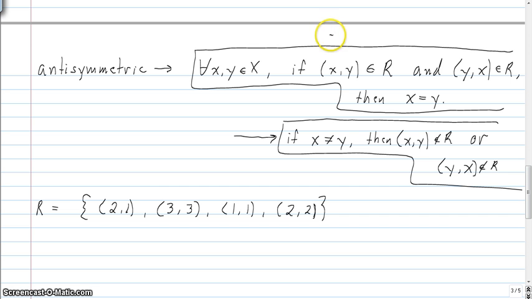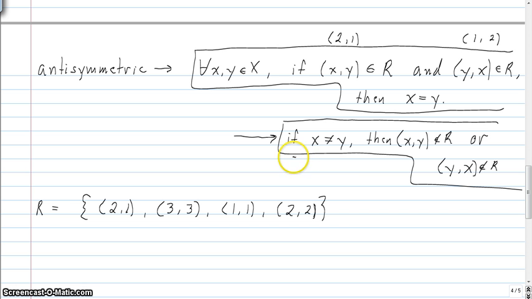So, for example, say (2, 1) and (1, 2) are both in the relation. Of course, that doesn't work, but that's what the first part of this definition is saying. We have this element and this element in the relation, but then we have to conclude that x equals y, which of course wouldn't be true for these two. That just illustrates a bit of a difference in the definition.